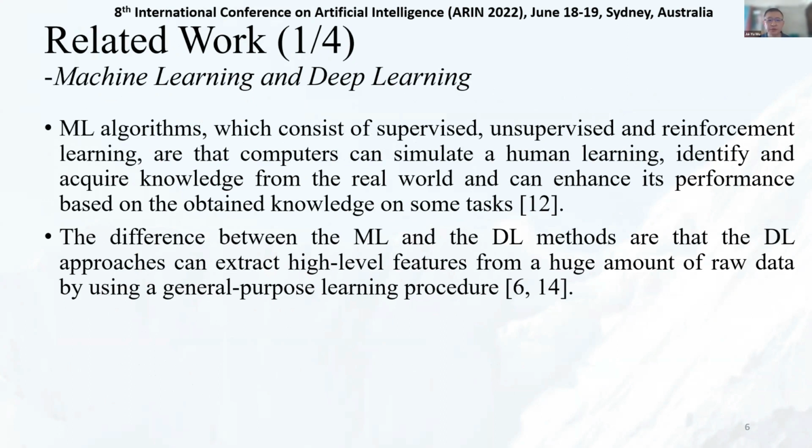Machine learning and deep learning. Machine learning algorithms consist of supervised, unsupervised, and reinforcement learning. The difference between machine learning and deep learning is that deep learning approaches can extract high-level features from a huge amount of raw data by using a general-purpose learning procedure.